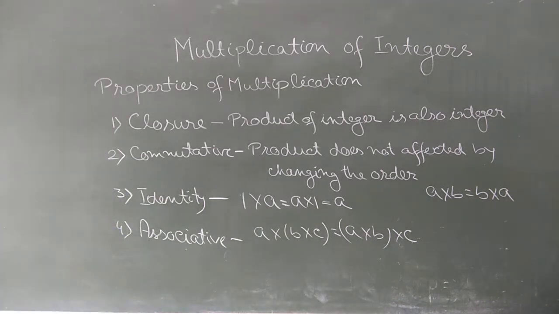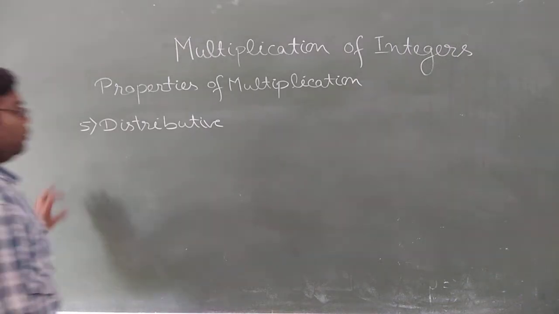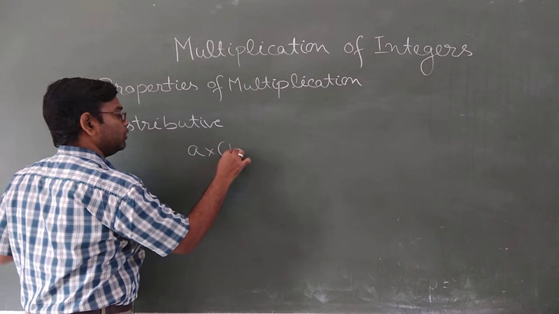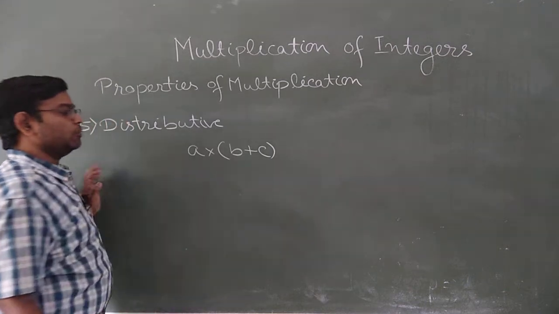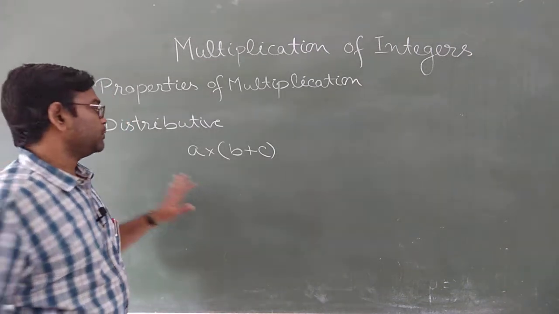Next one and the last one is the distributive property. But for explaining this one, let me clear the board first. What is the meaning of the distributive property? Remember, if we multiply an integer to the expression given in brackets with a plus or minus sign, whatever it is, here I am taking the plus sign first.